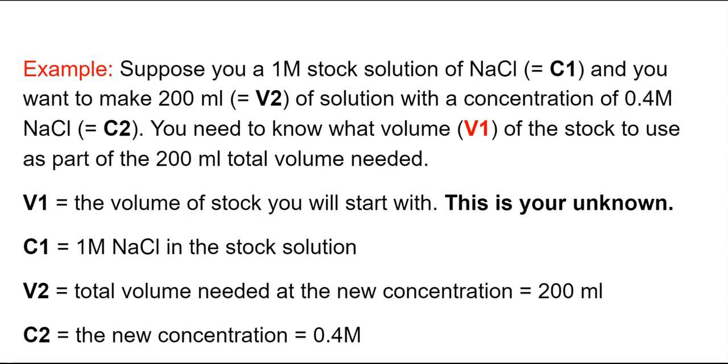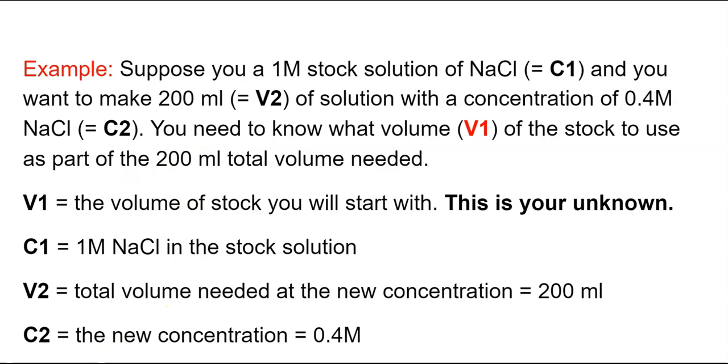So my C1 is going to be equal to 1 molar NaCl. My V1 is going to be my unknown. My V2 is going to be 200 milliliters. And my C2 is going to be 0.4 molar. So let's go over to the paper and work it out together.